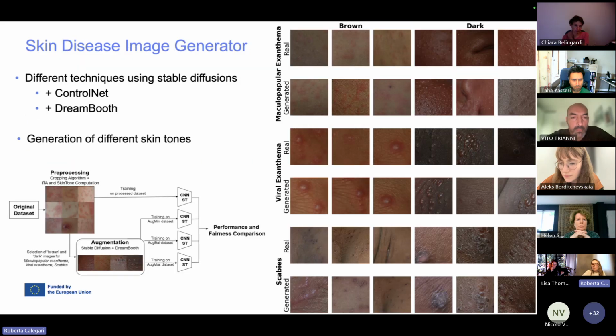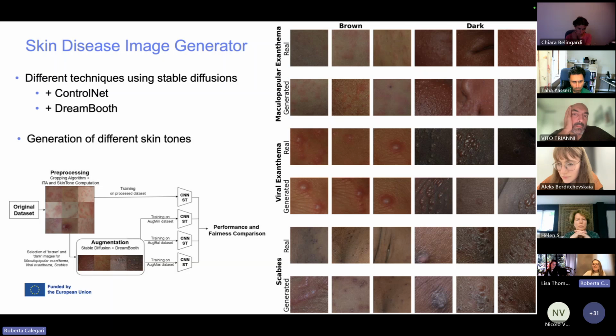So what can we do here? We did work exploiting generative AI to generate realistic but not real images of darker skin tone. This work was very interesting and very effective. Here we worked with co-design and co-validation with the doctors. Why?